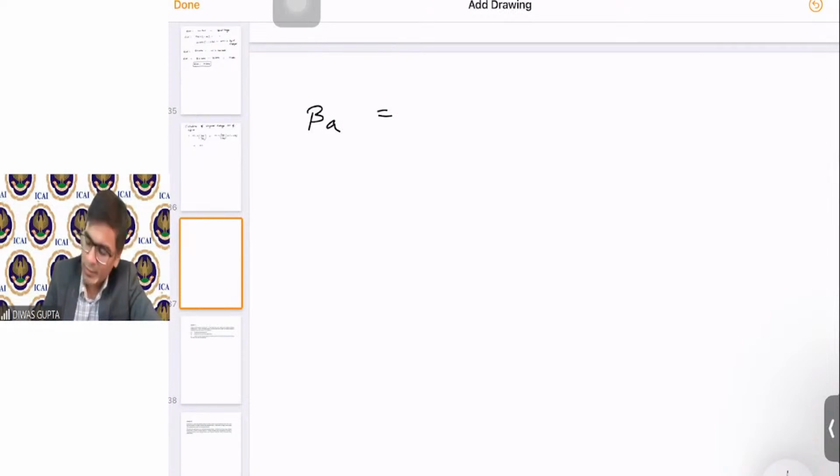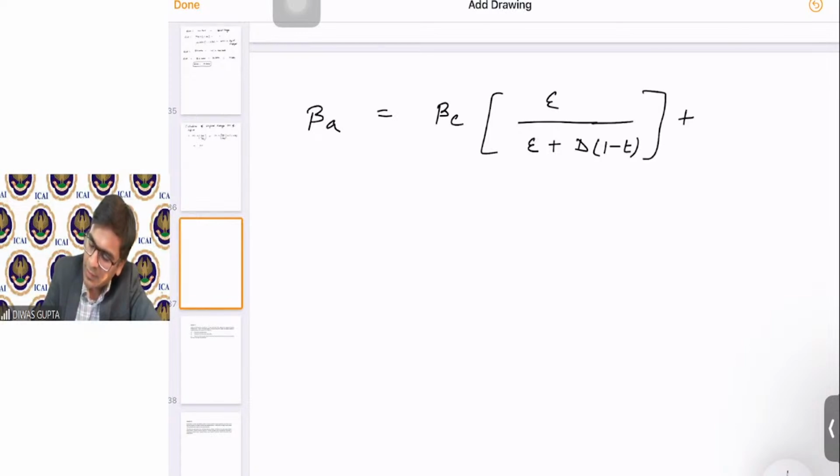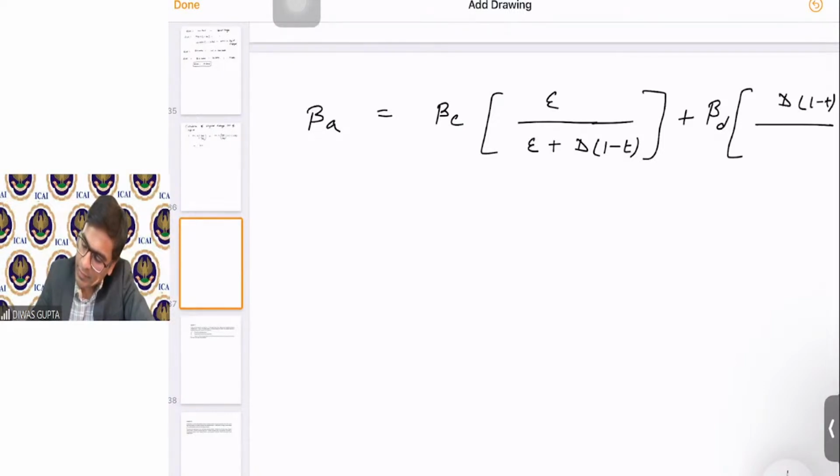Beta of asset portfolio is equal to beta of equity, multiplied by equity proportion, that is equity divided by equity plus debt into 1 minus tax, plus beta of debt, multiplied by debt into 1 minus tax divided by equity plus debt into 1 minus tax. Okay, this is what we do.